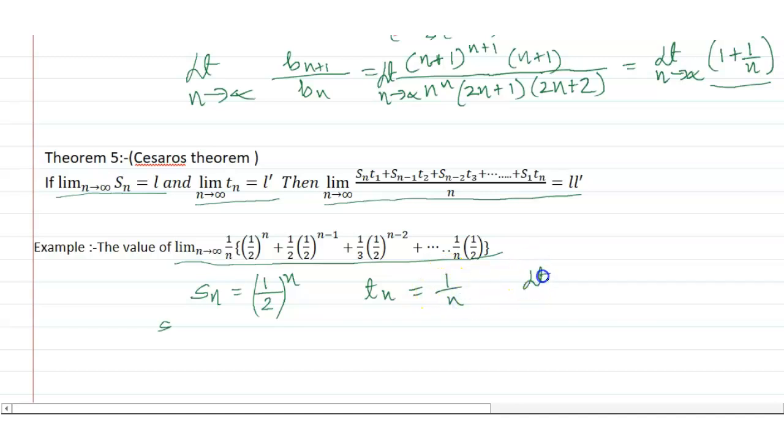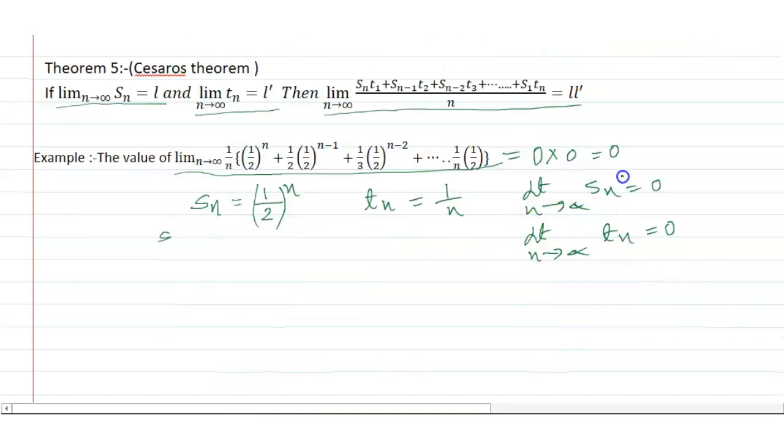Now limit n tends to infinity Sn equals 0 and limit n tends to infinity Tn equals 0. So my value is 0 into 0 equals 0. So my answer is 0.